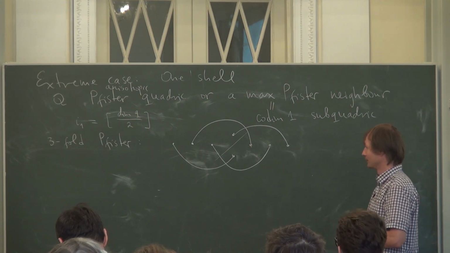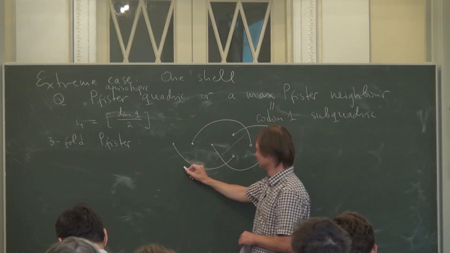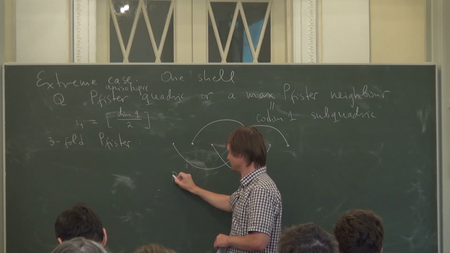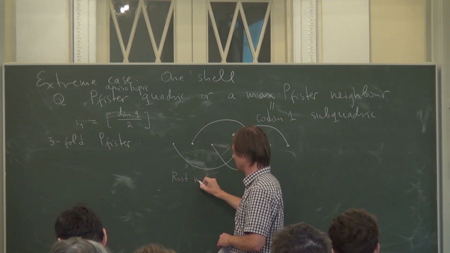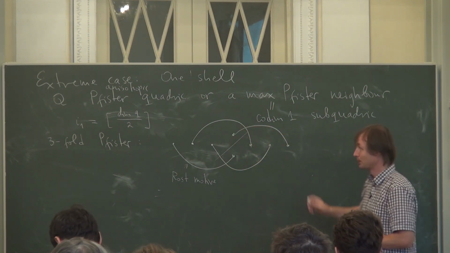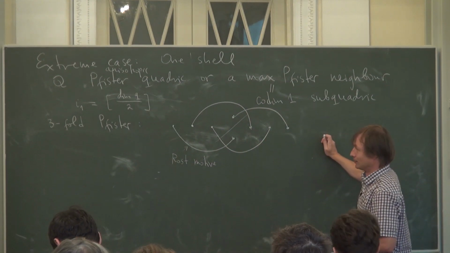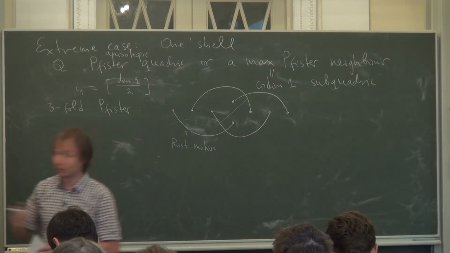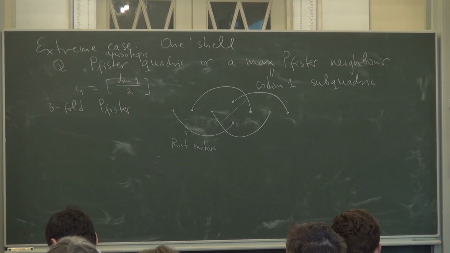And actually, what we see here is a Rost motif. So this famous motif from the proof of the Milnor conjecture. So you see, it follows just formally from Vishik's methods of shells.